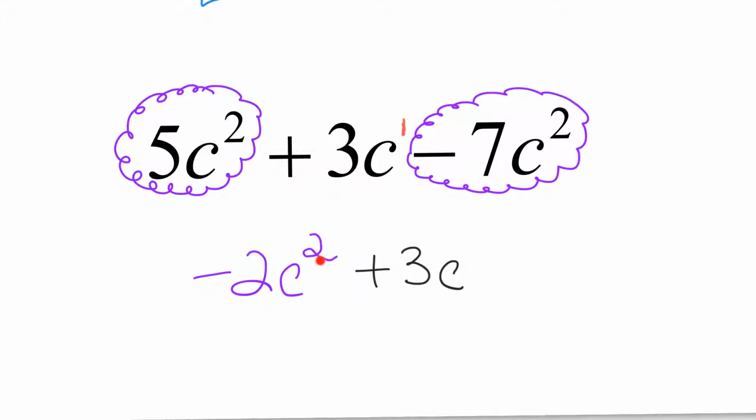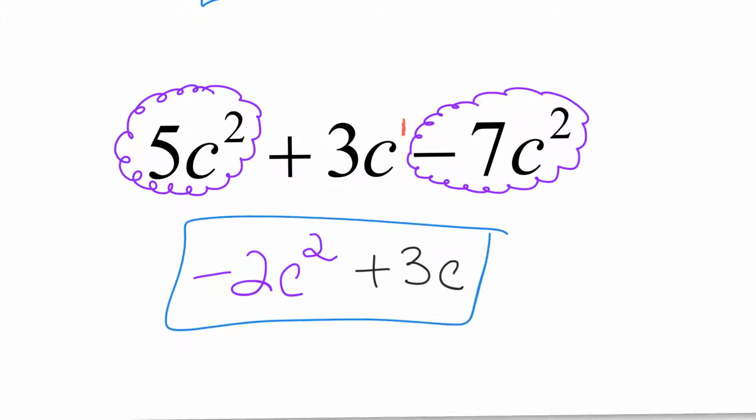The c has a square and this c has a 1. So that's my answer. But let's check. Is it standard form? I'm going to look at the exponents, and 2 is the highest exponent in this expression. There's a 1, but the highest exponent is 2. So that is my standard form. So my answer is negative 2c squared plus 3c.